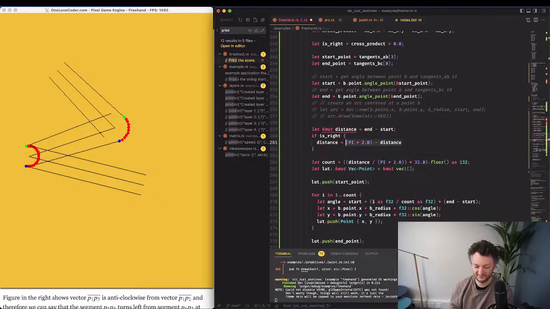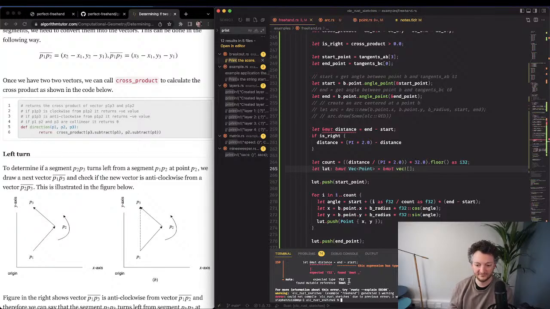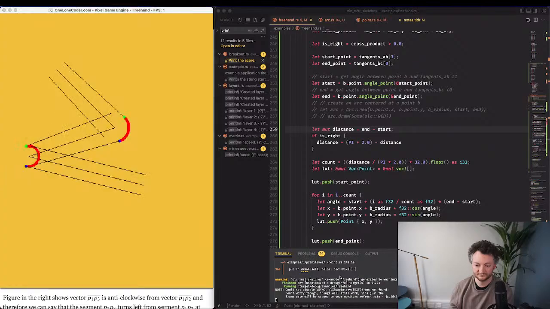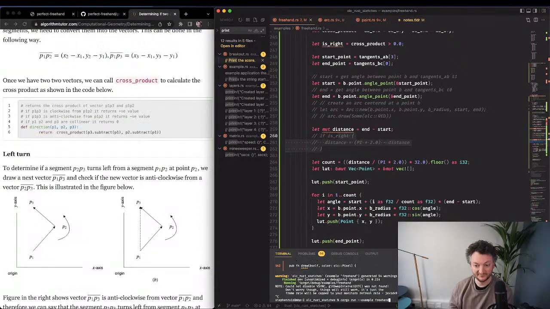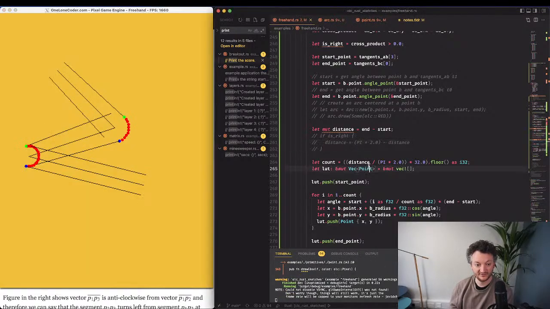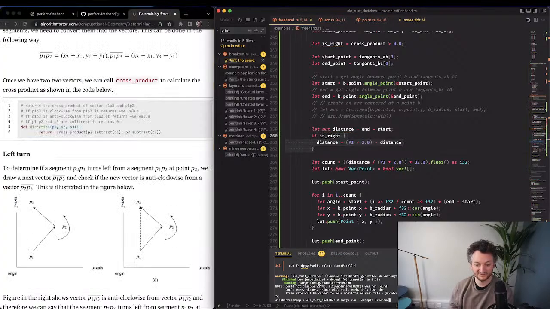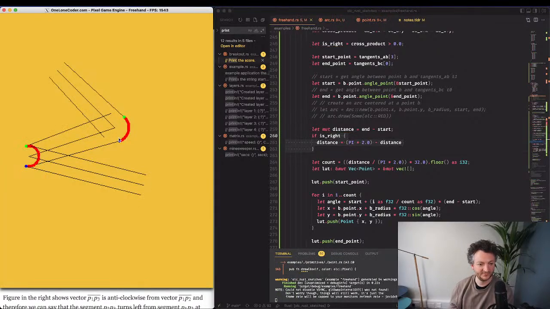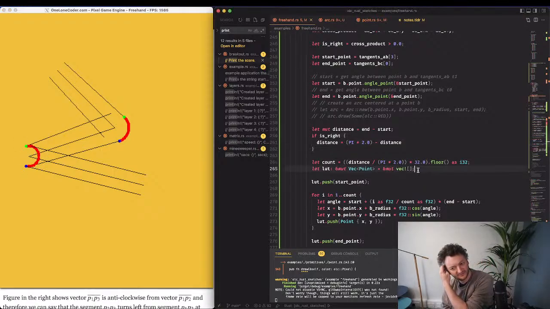Let's try that. Is that right? I think that actually looks better. But this is still wrong. So the count is correct.